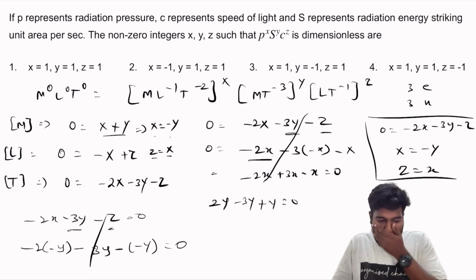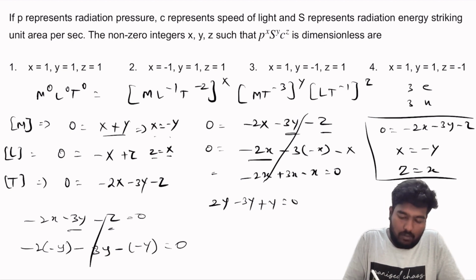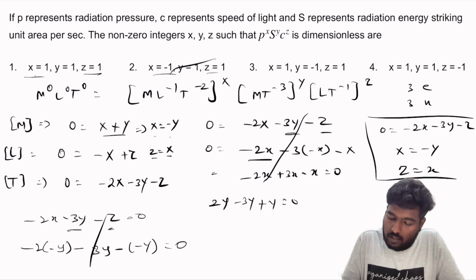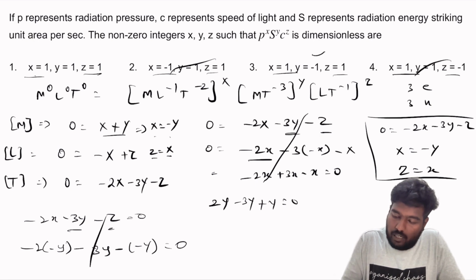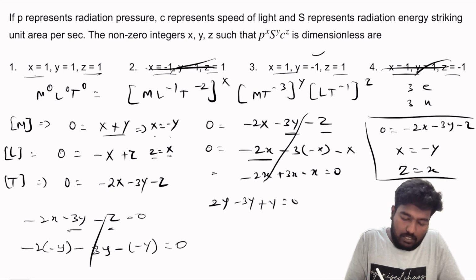So z and x should be same, 1 and 1. Here it's same, minus 1 not same, 1 and 1 same, 1 and minus 1 not same. So we have 2. Okay, x is minus y. So x is 1, y is 1, no, not. x is 1, y is minus 1. So 3 is the right answer.